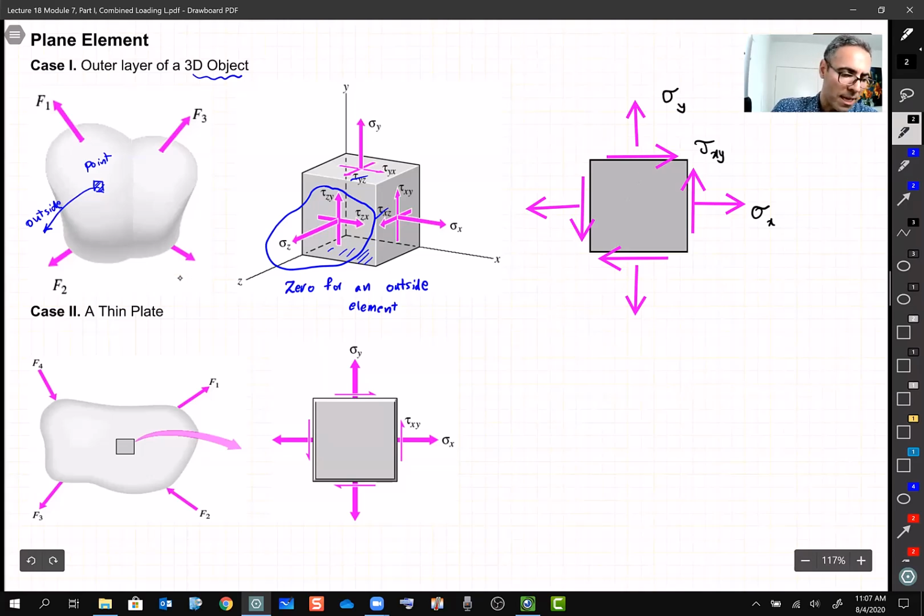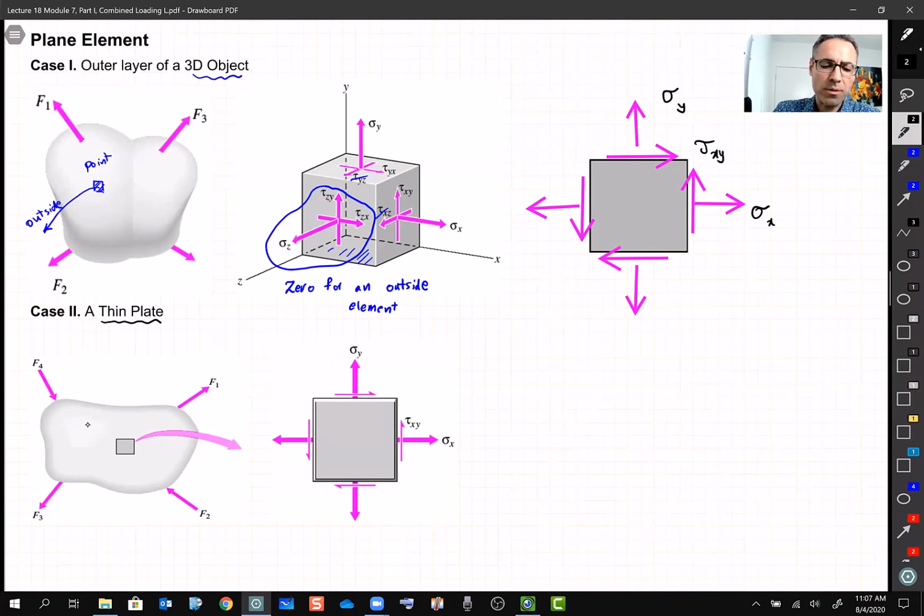All right. The second scenario is we have a thin plate, like this one that I showed here. It's a very, very thin plate, let's say like a sheet of paper or a sheet metal, which is very thin. And the thickness is so small that we almost ignore the stresses on that small thickness, right?